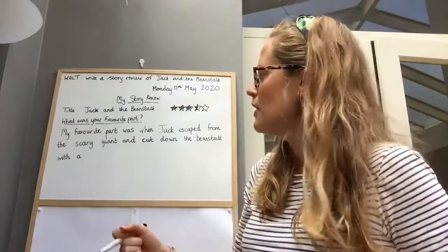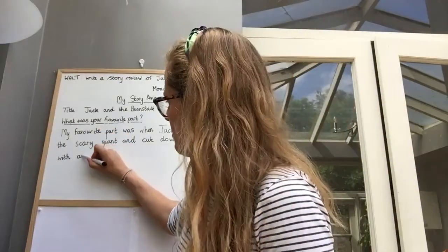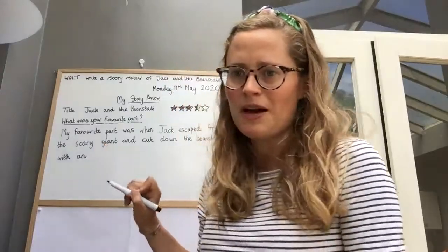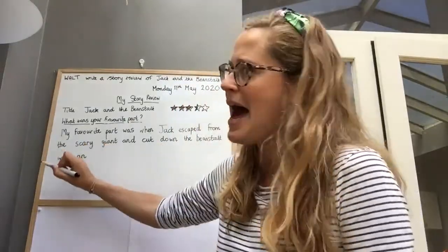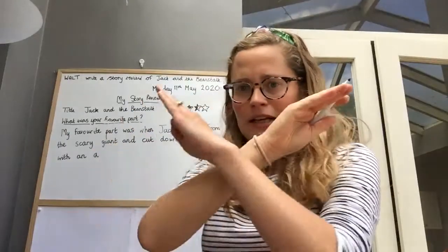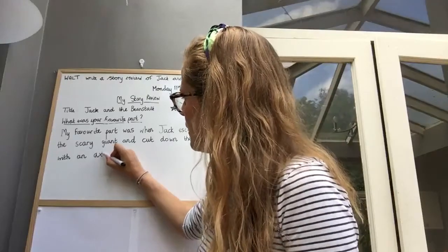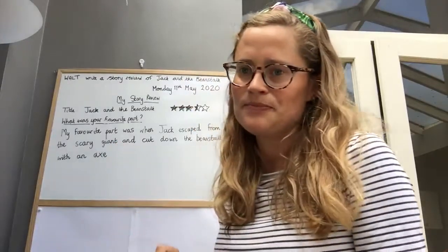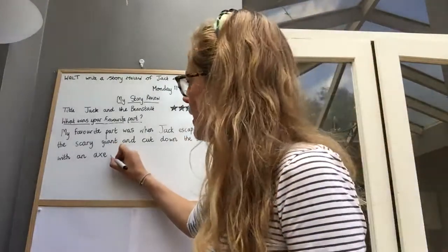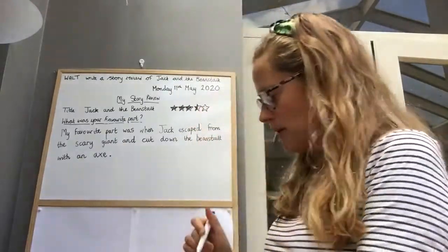What's it called? Axe. So we need to put, because we can't say axe, we've got to say an axe. An axe is axe. We don't use that letter very much, do we? We get to use it in this word. Axe. And it's got a silent E on the end. And then, because I finished my sentence, I'm going to put a full stop.